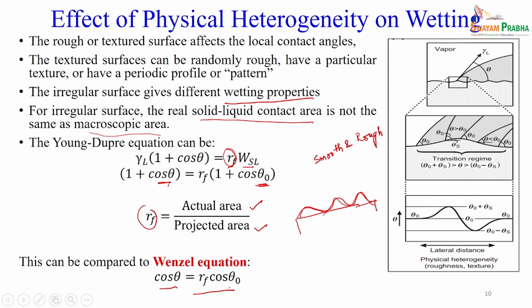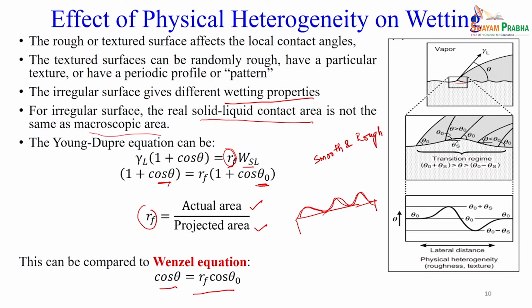Now, if you see over here, this is also saying the same thing. Let us say this is not a flat surface, this is a rough surface. Here the contact angle will be theta 0. If you go higher, then theta will be less than theta 0, and again theta 0.